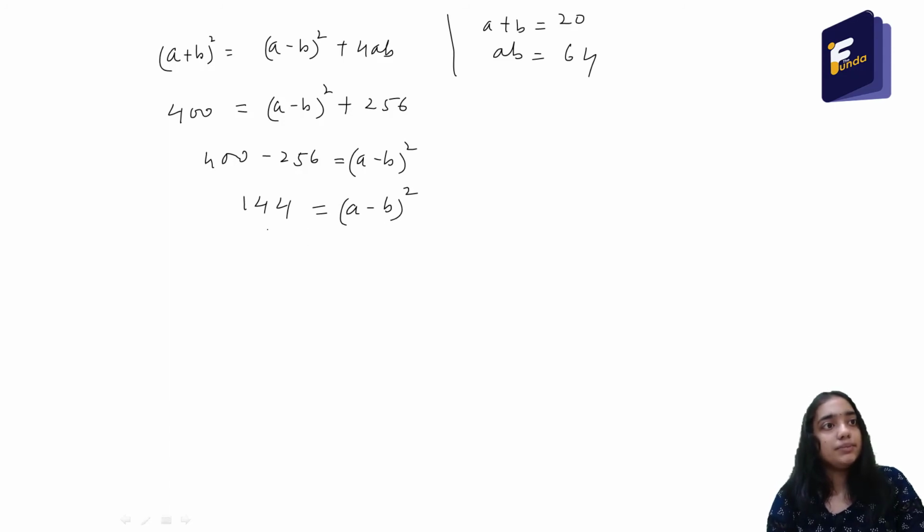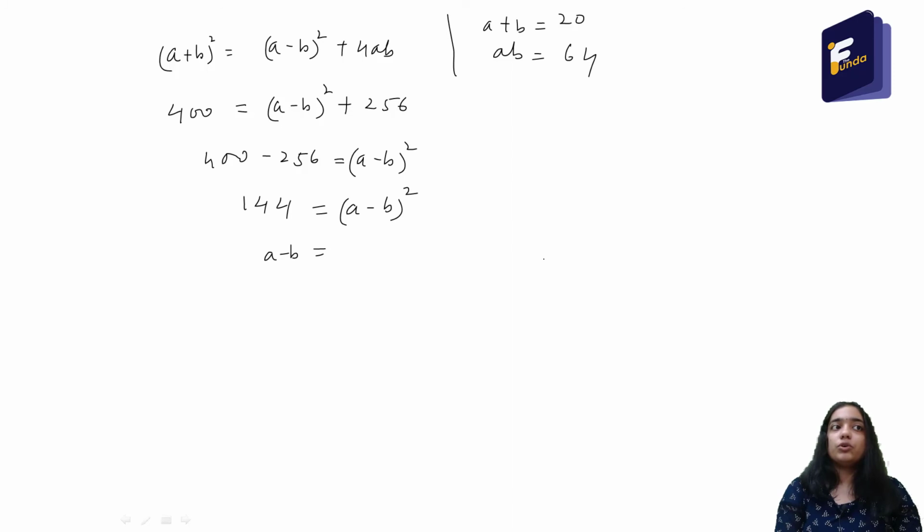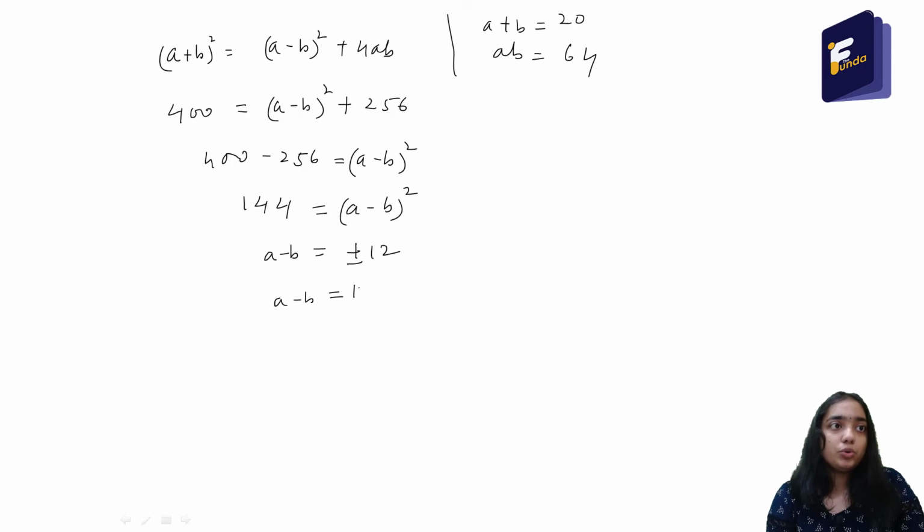So a minus b is equal to, by taking the square root of 144, plus minus 12. Okay. So now we have got the value of a minus b, and we have got two values actually. So a minus b equal to 12 or a minus b equal to minus 12.